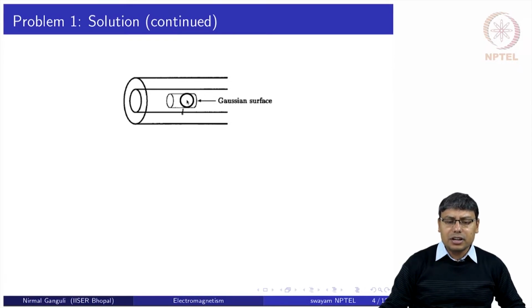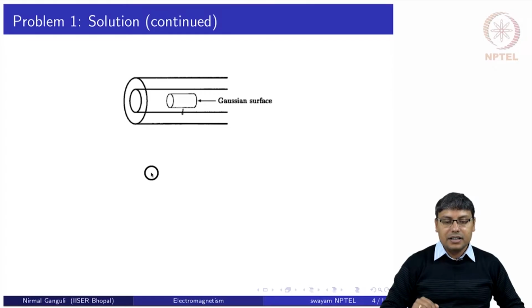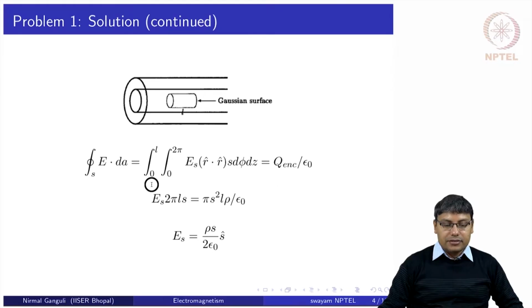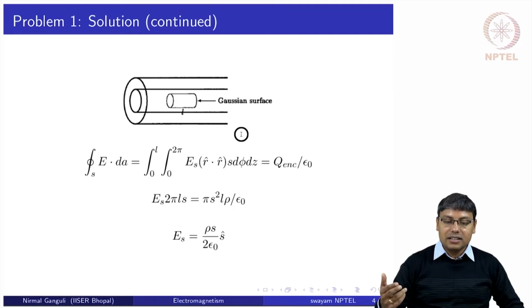So, here we have shown a Gaussian surface inside the inner cylinder, and the length of this Gaussian surface cylinder is L. So, we will have closed integral over E dot dA given as integration from 0 to L over z, that is the length of this Gaussian surface, and integration over 0 to 2 pi over phi, that is the azimuthal angle that we have, Es s-cap dot s-cap S d phi dz, and that will give us total charge enclosed over epsilon naught.